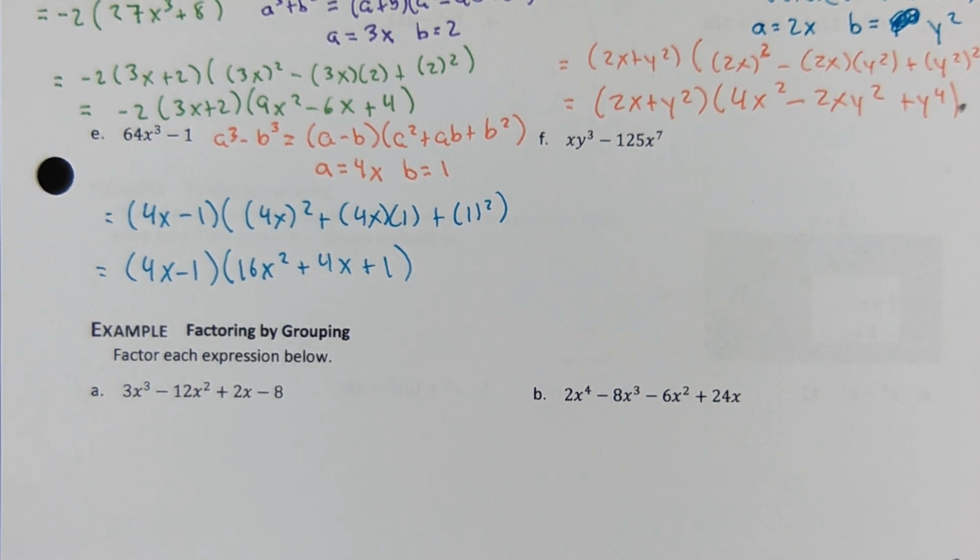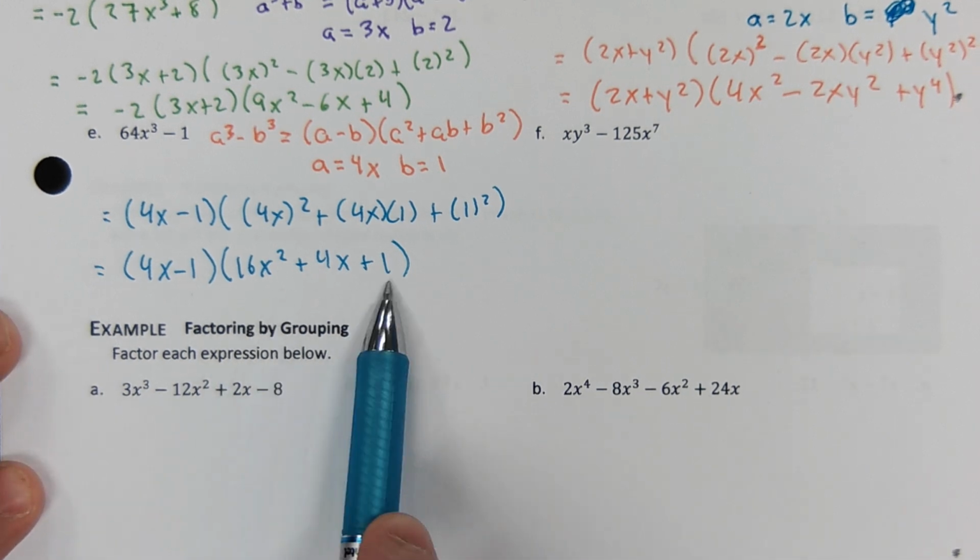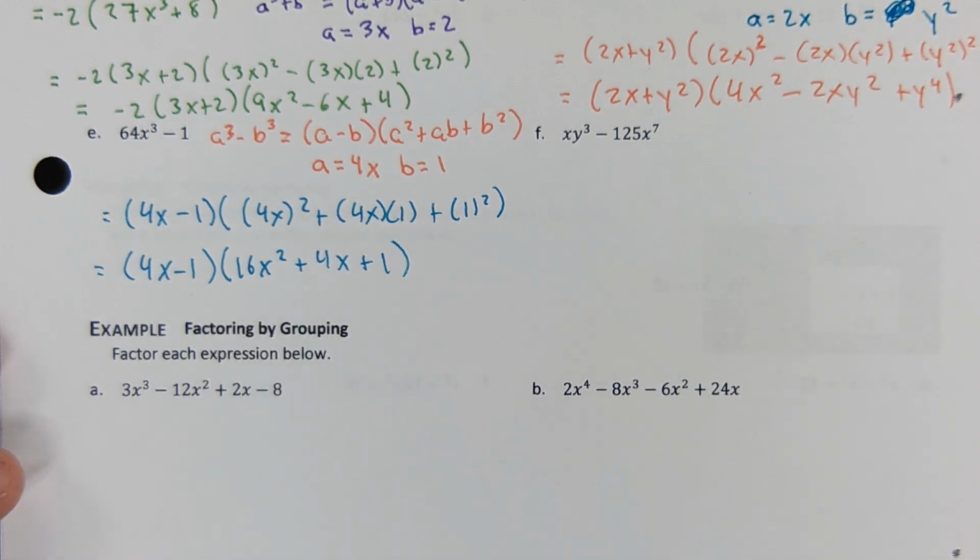For example, x to the 6th minus 1. That's the difference of 2 squares, but it's also the difference of 2 cubes. So because of that, you would end up with something that's factorable, but that's a very unique case.